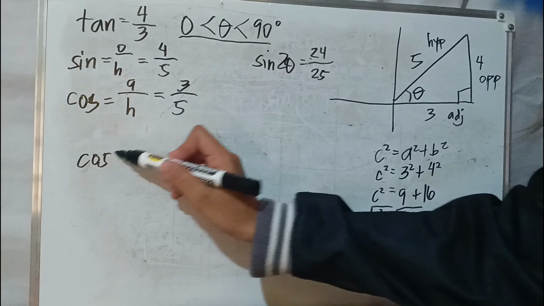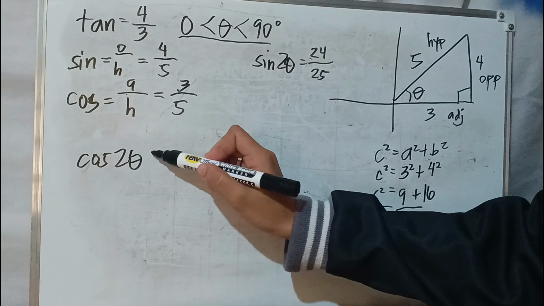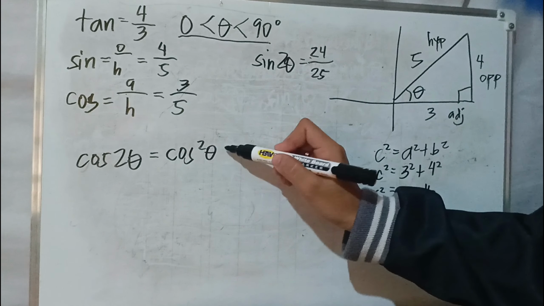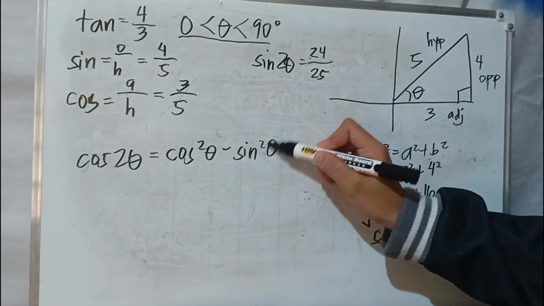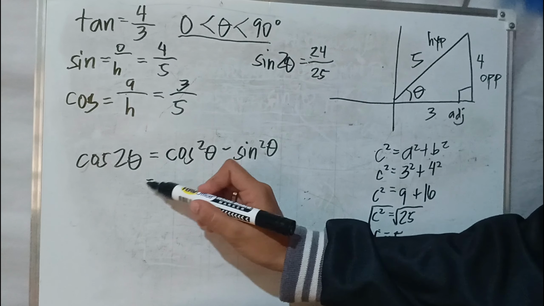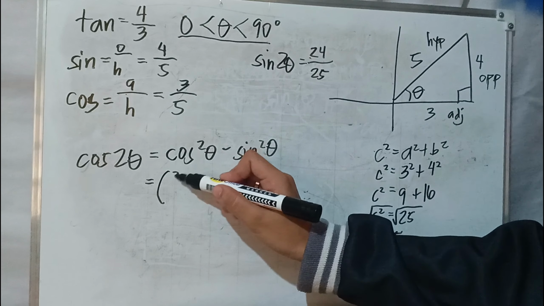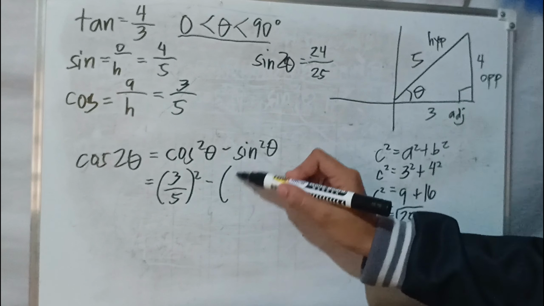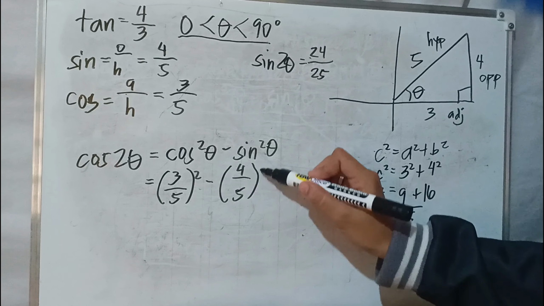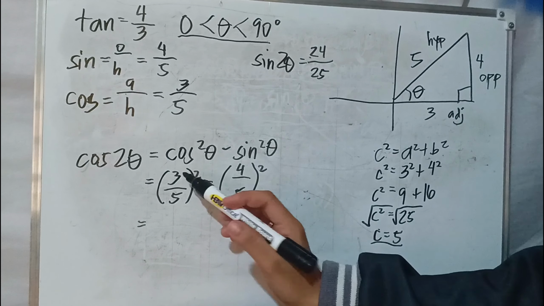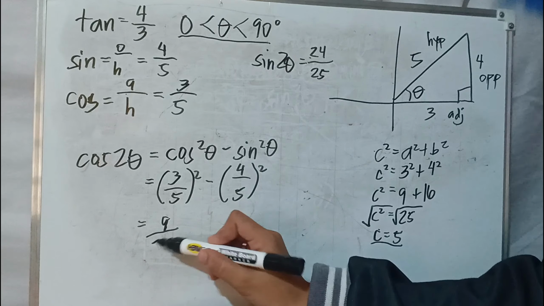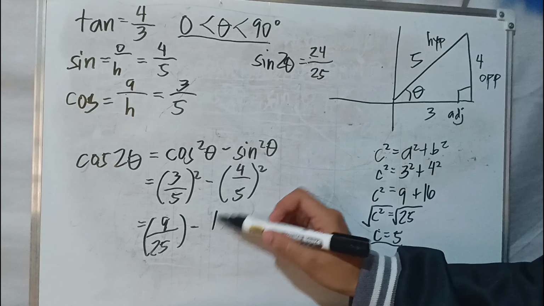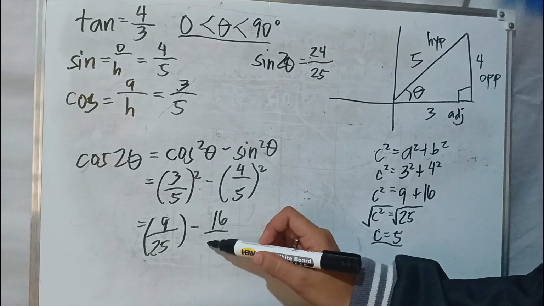And now, we're going to find the value of cosine 2 theta using the formula cosine squared theta minus sine squared theta. We have the value for cosine, which is 3 over 5 squared minus 4 over 5 squared is equal to 3 squared is 9 and 5 squared is 25 minus 4 squared is 16 over 5 squared is 25.